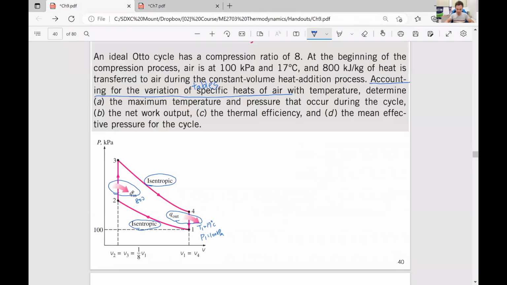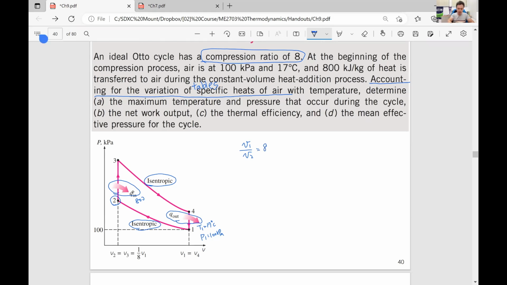All right. So first, we are looking for P2 and T2. The compression ratio is given. That means V1 over V2 is 8.